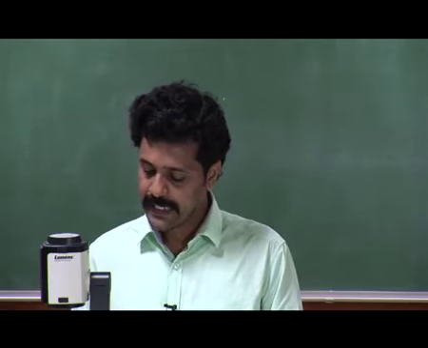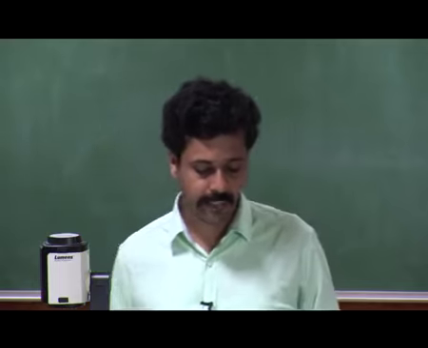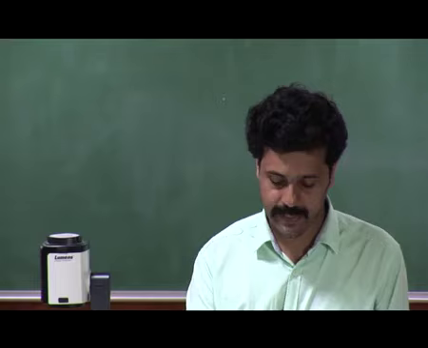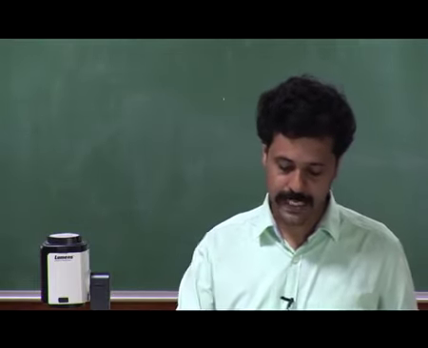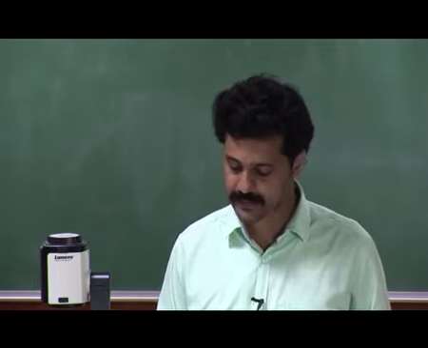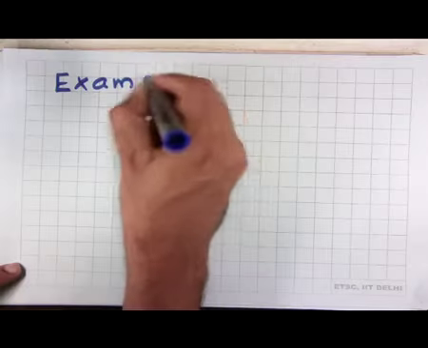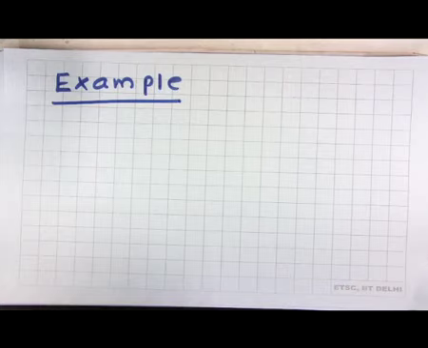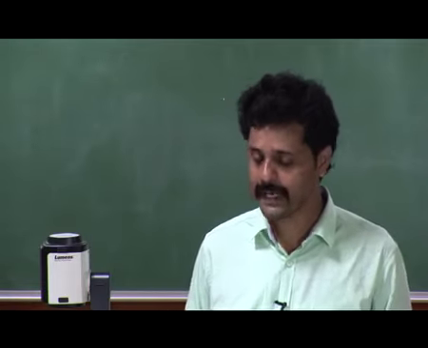Now, let me give one more example to show how mathematical induction can be used to establish certain results in set theory. It is a basic result in set theory that a set having n elements has 2 power n subsets.